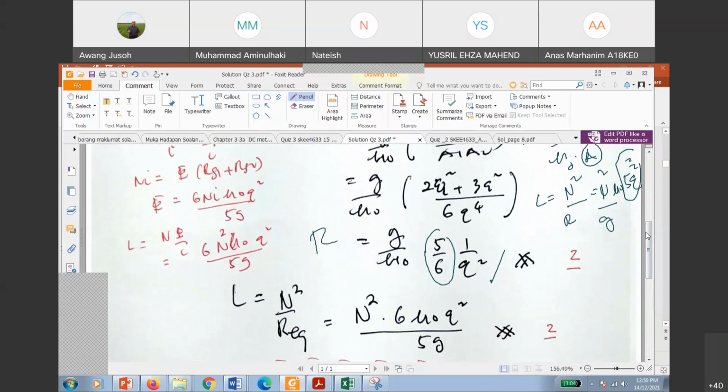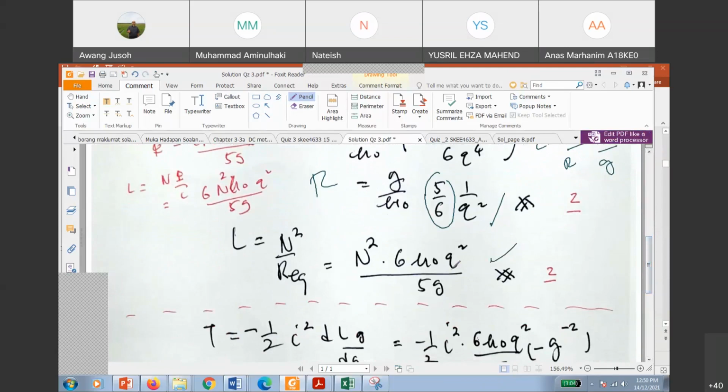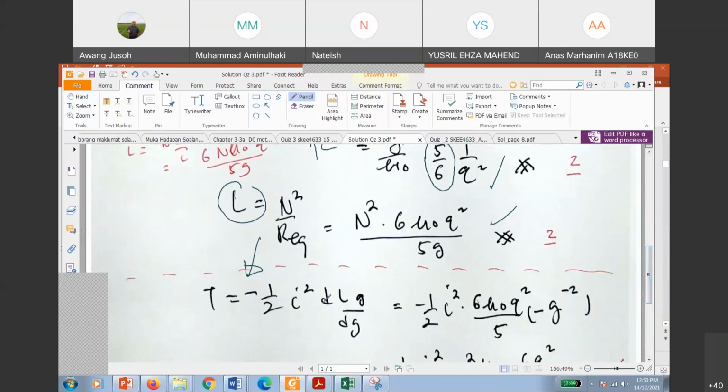You get this answer. Then, because we know the inductance, directly use this formula to find the force: half I squared dL over dg. The original formula is half I squared dLx over dx. That's why you got plus.